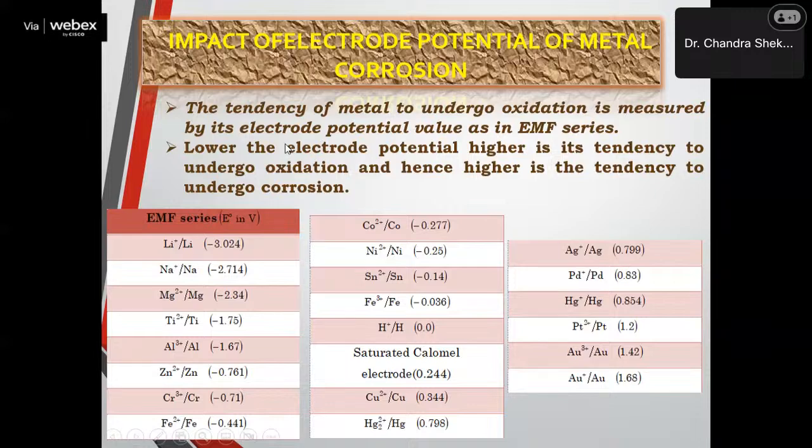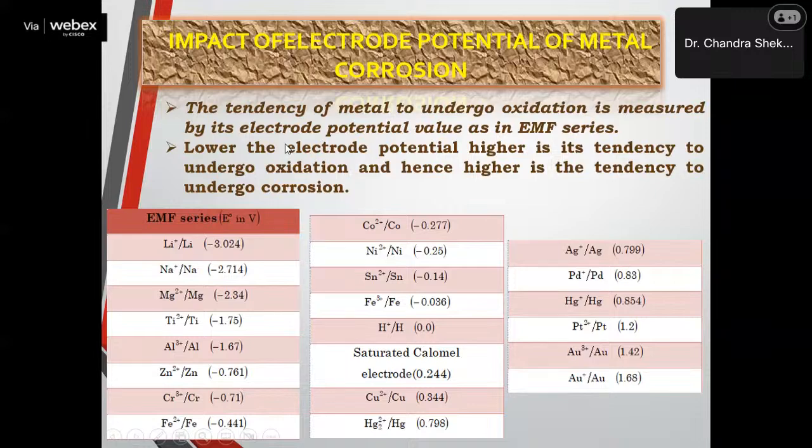A metal can undergo oxidation only when there is another chemical species present in the same system which can undergo reduction. You can imagine the working of a galvanic cell. In the galvanic cell, we use two electrodes, anode and cathode. Only when two electrodes are connected electrically and also both are connected by means of salt bridge, we observe a continuous spontaneous reaction there.